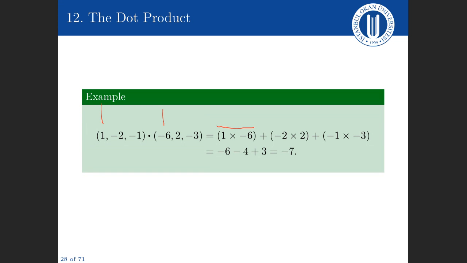Then we take the second numbers, -2 and 2, and multiply them together. And thirdly, we take the third numbers, -1 and -3, and multiply these together. Then we add these three numbers together: -6 plus -4 plus 3 gives us the answer. The dot product of these two vectors is -7.